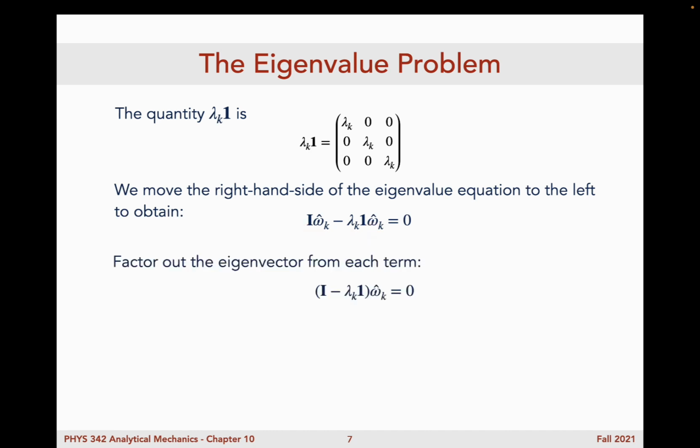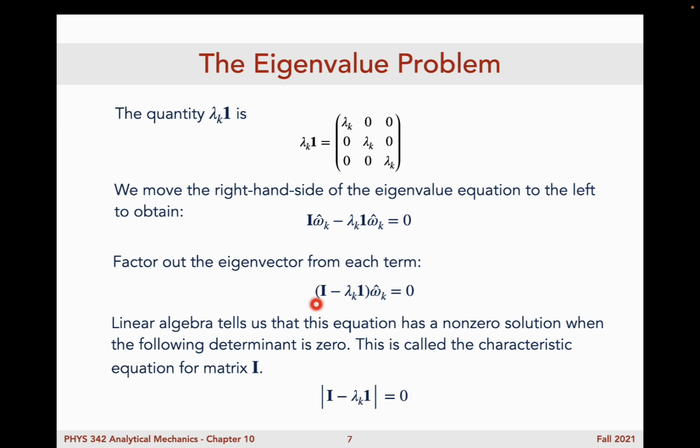Now that we have a matrix here, lambda 1, we can factor out the vector omega k, and the thing in parentheses is two matrices. We have our inertia tensor matrix, and then the lambda 1 is this matrix right up here.